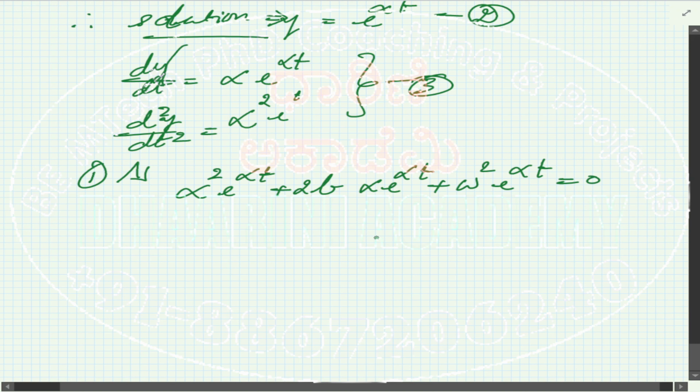Let us take e to the power alpha t outside. So this is e to the alpha t into alpha square plus 2b alpha plus omega square equals 0.